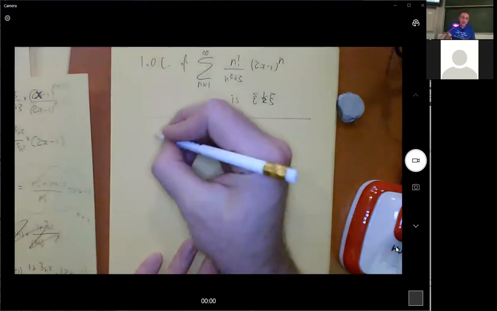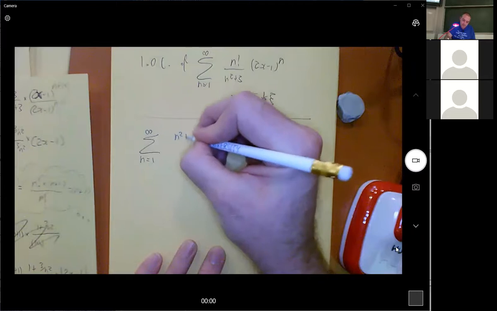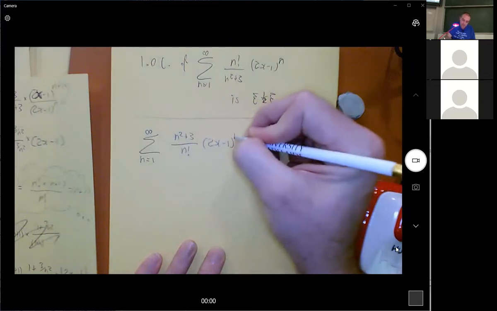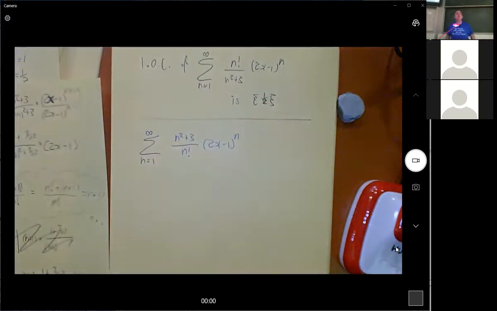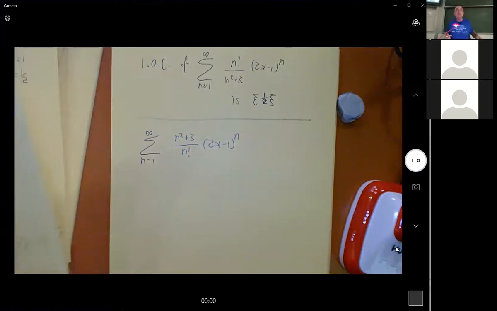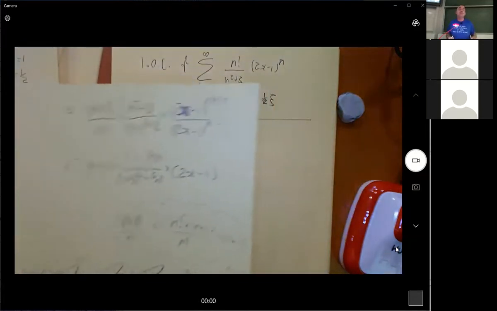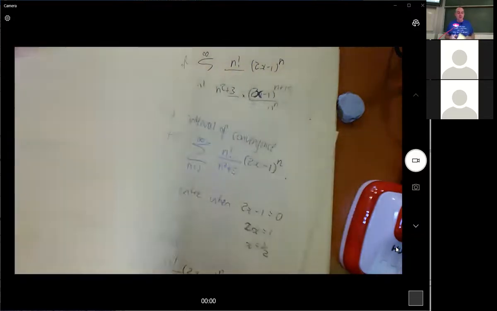Can we try a new one? I'm going to change this question just a little and switch this fraction up the other way. You've asked me to go back to the alternating series and show the interval of convergence there.